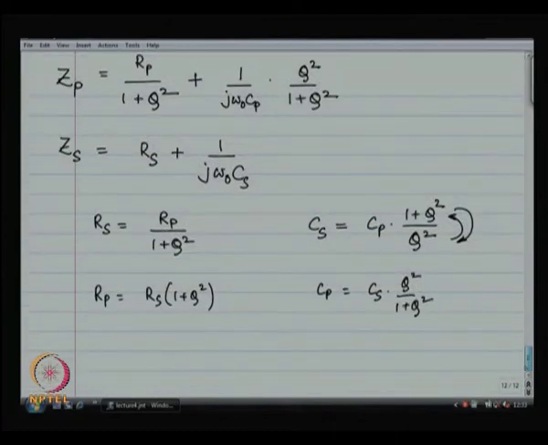Now, in this case you will get the same exact result. The q of the network will remain unchanged over a series to parallel transformation or a parallel to series transformation.